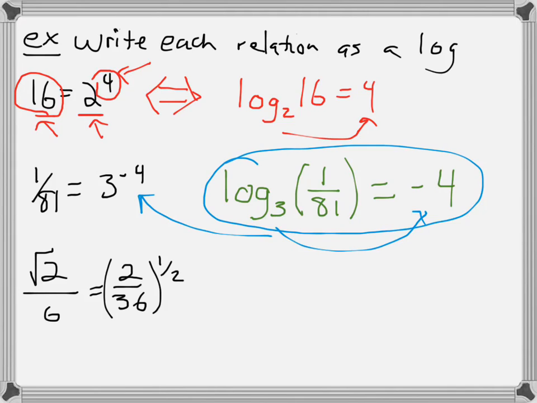Alright, next problem is kind of crazy. Let's see if you can give this one a try. Rad 2 over 6 equals 2 over 36 all to the 1/2 power. How would you write that as a log?